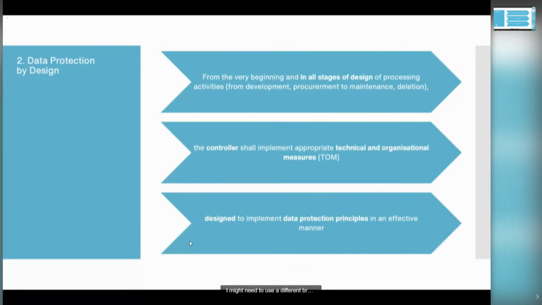Article 25 of the GDPR, which sets out the data protection by design and default obligations, is of course far more articulated. And there are certain other elements and criteria that need to be taken into consideration, such as the state-of-the-art criteria or the risk-based approach. But for the present purposes, I think that's enough.